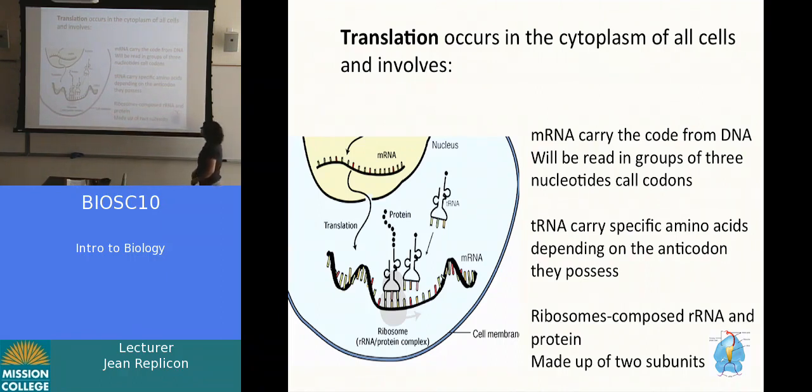So they're going to be coming into play depending on the anticodon they possess. Yes, there are anticodons. And anticodons pair with codons, as we'll see. So they've got an important part right here, the anticodon, and then they're also going to be carrying an amino acid. So they speak both languages, in a way.